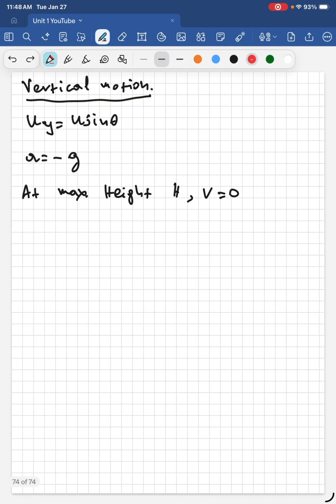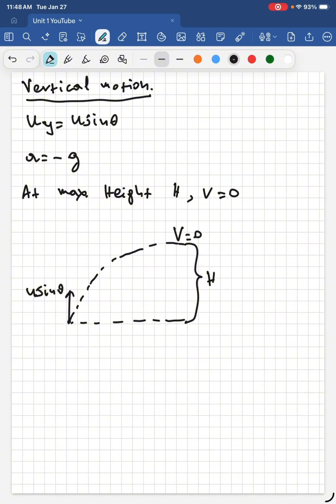Let me actually draw the scheme. We start with u sine theta, and the object moves like this until it reaches the maximum height. This is h, and v is 0 instantaneously.